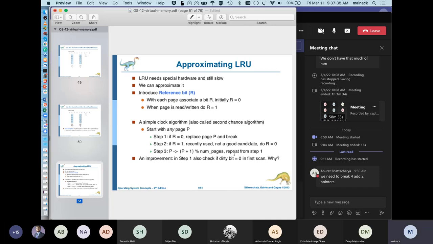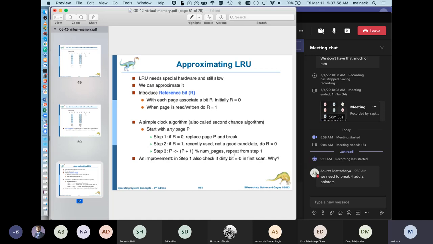Now there is yet another modification, and this is a good approximation actually. People considered that evicting a page is sometimes expensive when the dirty bit is equal to 1. Why?